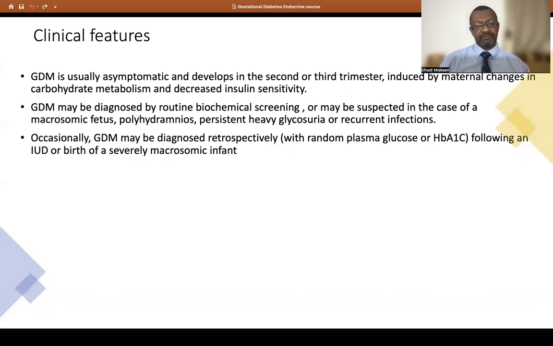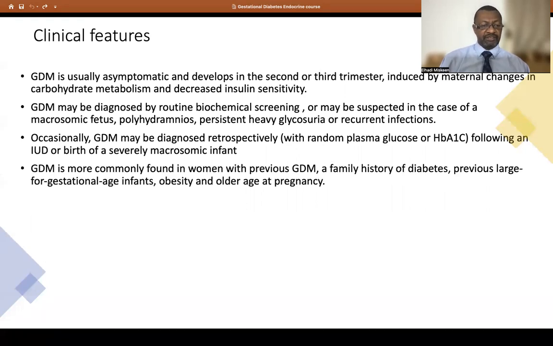Occasionally, GDM may be diagnosed retrospectively with a random plasma glucose or hemoglobin A1C following an intrauterine death or pregnancy loss or a severely macrosomic infant.